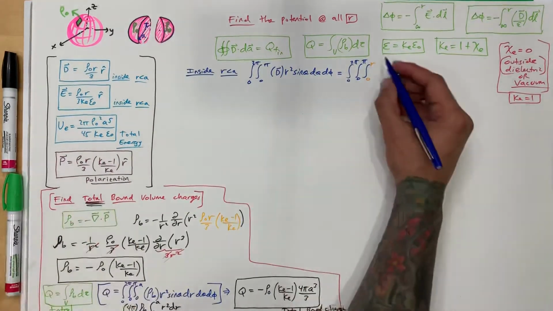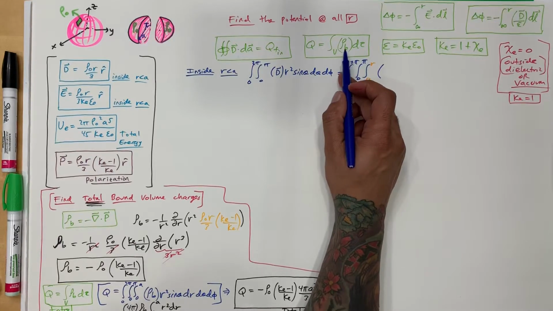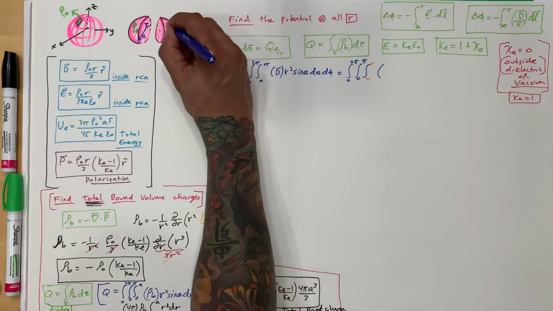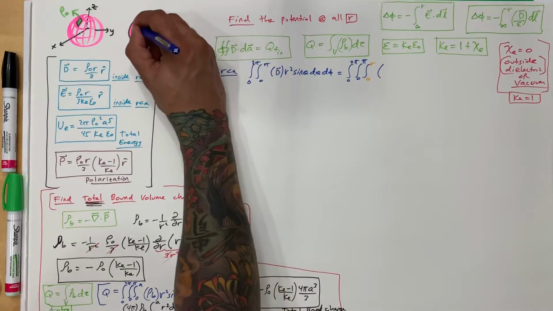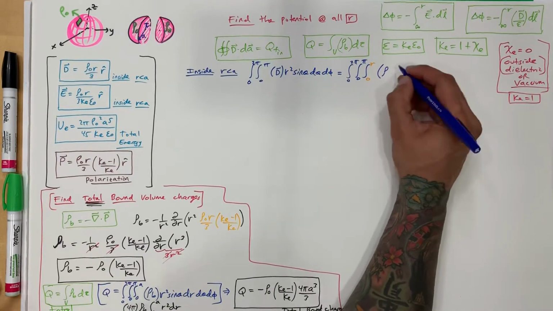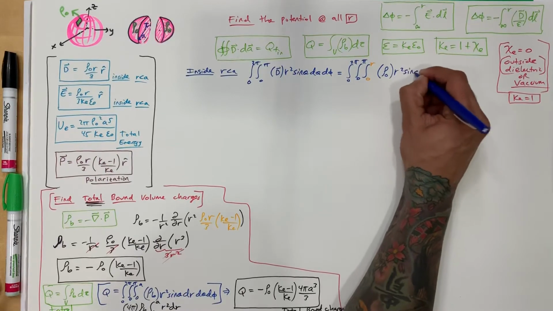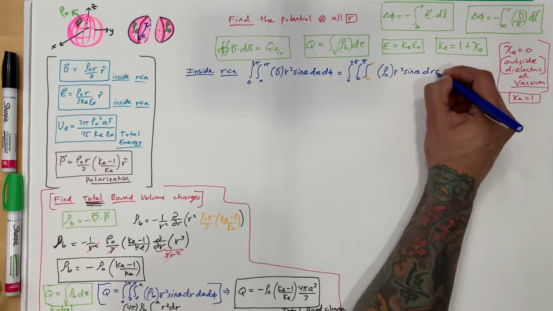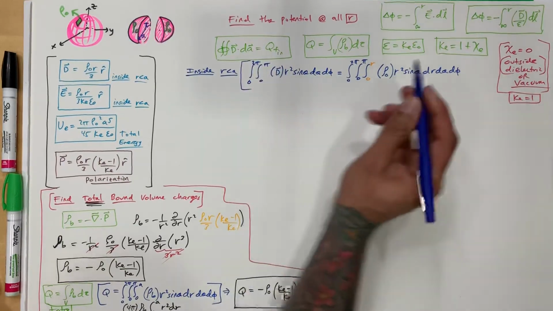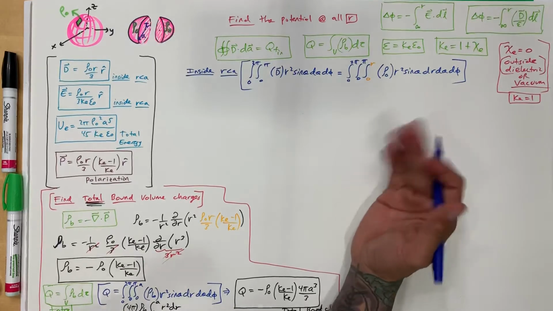Then the only thing there is rho naught, the free charge. This is the only thing that's free in that space. r squared sine theta dr d theta d phi. This is Gauss's law with all the integrals in place.